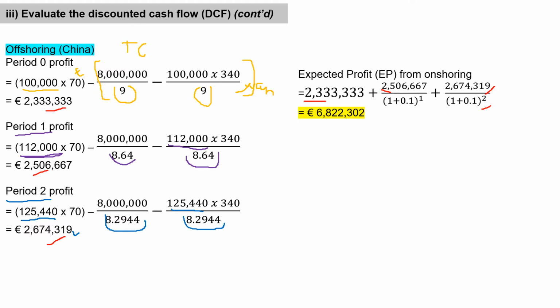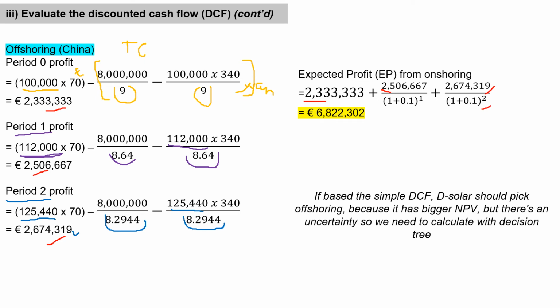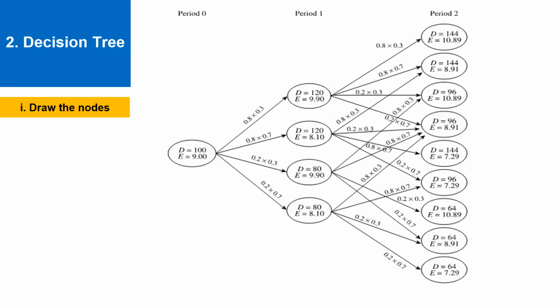So in this simple DCF, the seller should pick offshoring because it has bigger NPV, but there is an uncertainty, so we need to calculate with the decision tree.